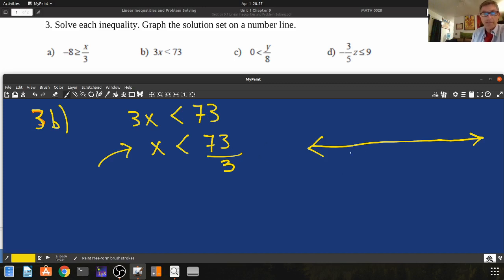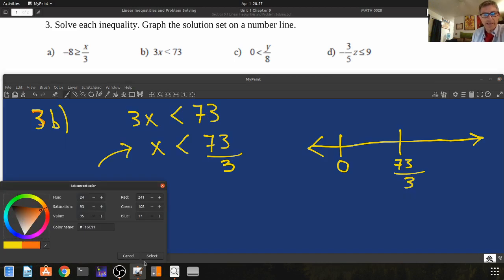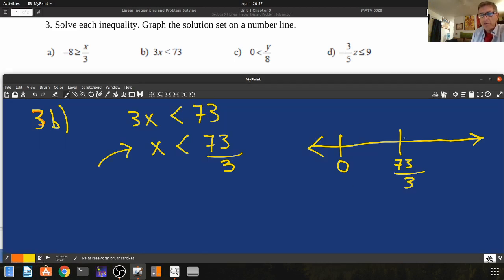You know it's positive, right? So you can say right there is 0. Right here is where I say 73 divided by 3 is. And the values of x that make that true are values of x that are less than that, but do not include it. And you can just do it exactly like that.